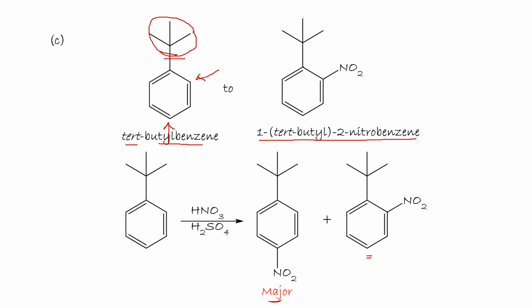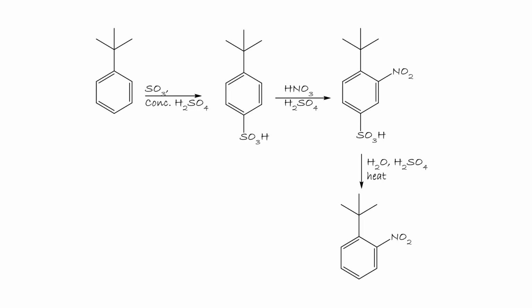To force the reaction to go ortho, we have to block the para. So the first step will be sulfonation. We blocked here.